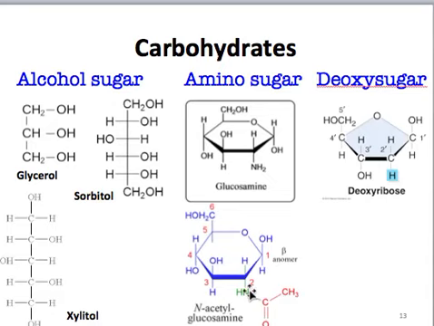For example, glucosamine and N-acetylglucosamine are derived from the addition of amine and amide group into glucose, respectively. The deoxy sugar is derived from the reaction to remove oxygen from the monosaccharide, such as deoxyribose found in DNA.